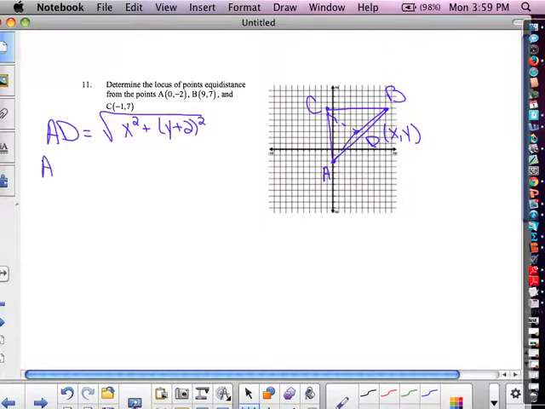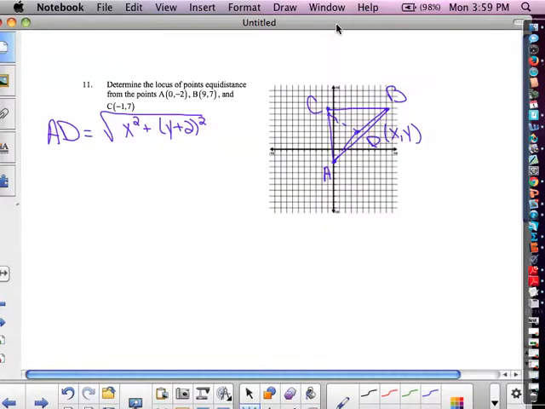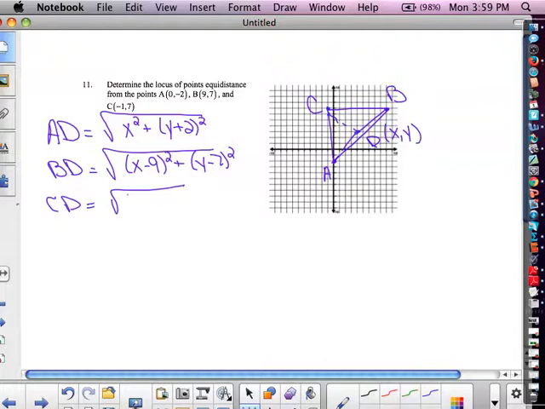The distance from B to D, so BD is the square root of x minus 9 squared plus y minus 7 squared. And finally, CD, which is the length x plus 1 squared plus y minus 7 squared.